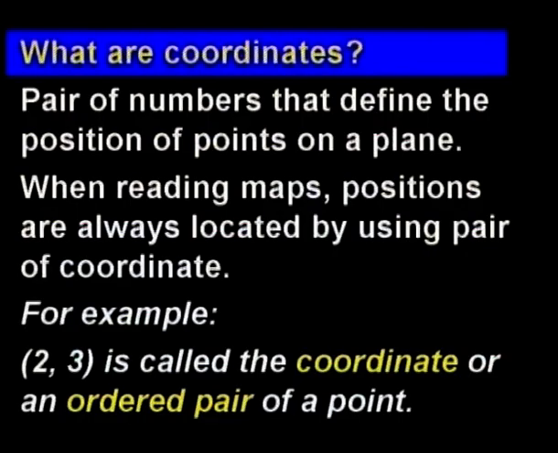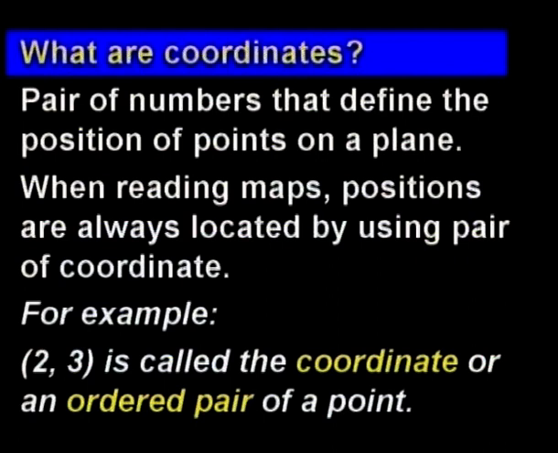Now, in our last lesson, we looked at coordinates. What are coordinates? If you can quickly turn to your exercise books and find a definition of coordinates. Can someone give us the definition of coordinates?